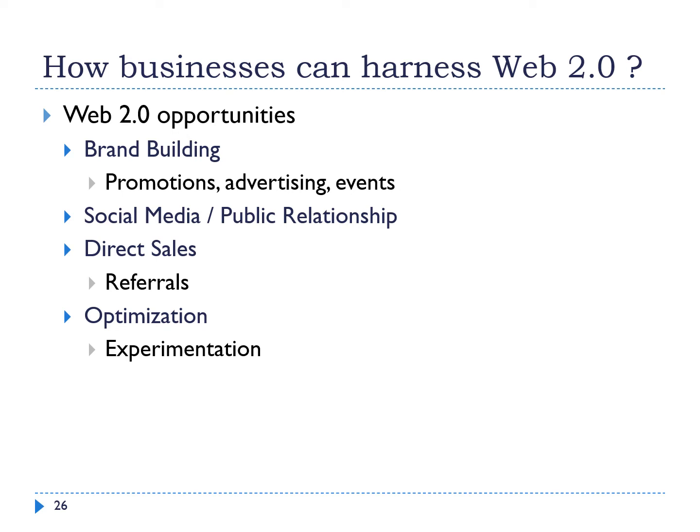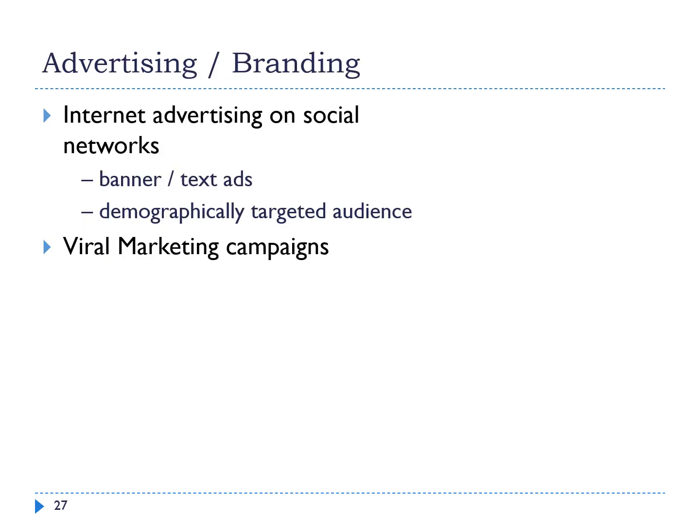We'll go through each one of them in the next few slides. Web 2.0 enables us to do advertisement and promote our brand over the internet. For example, we can use banners and text messages to promote the companies, and we can also demographically target our audience.